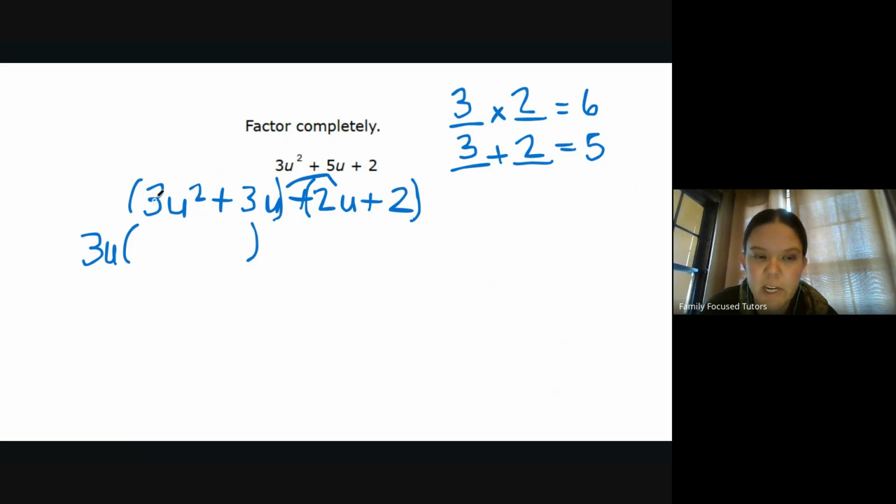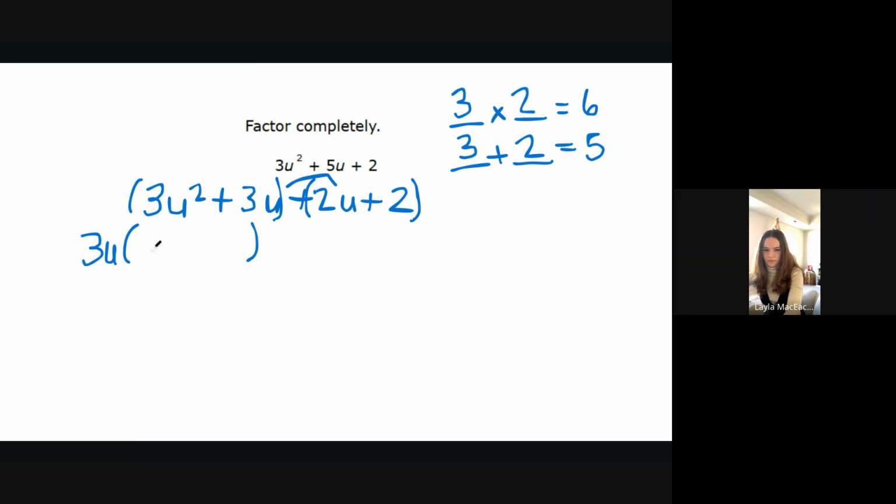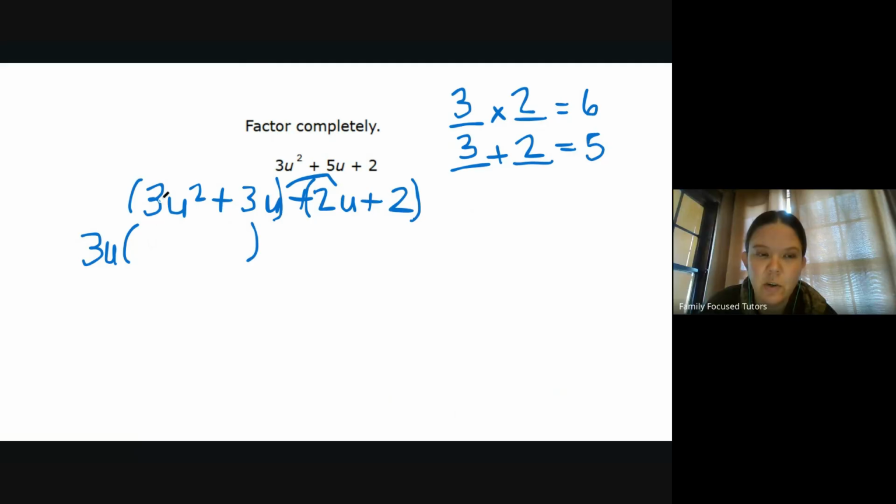In this first term, if we take out a 3u from 3u squared, what is left over? We're taking out the 3, and we're taking out one of the u's, so we just have one u left. All right.